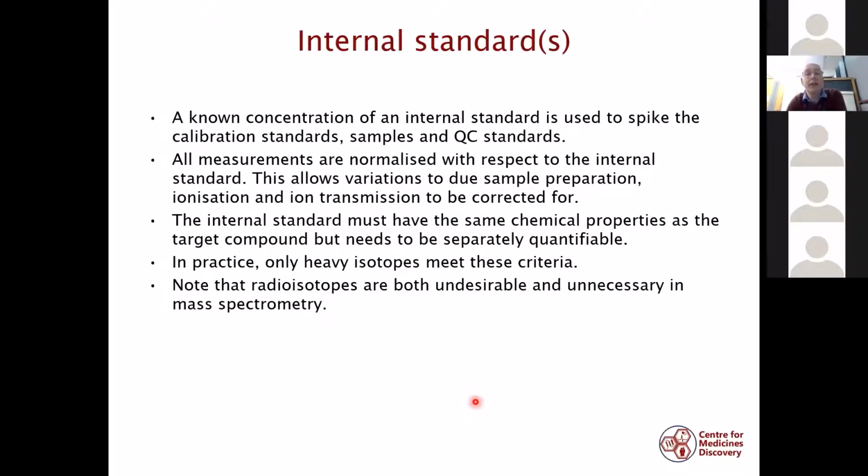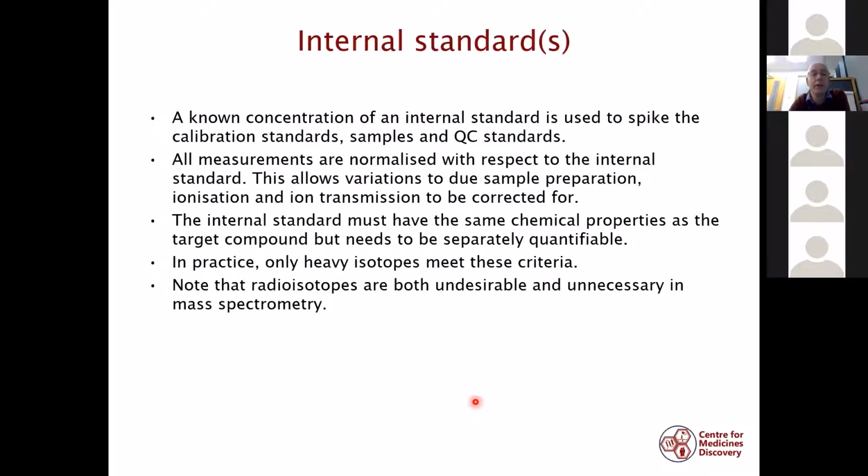You will need an internal standard. This is to compensate for all the different variables that we described, all the instrument variables, and also losses that you will experience from purification and concentration. So you will need a known concentration of an internal standard, and you need to spike your sample with that internal standard.